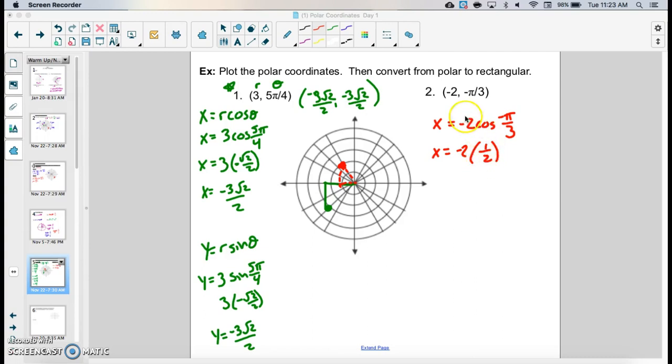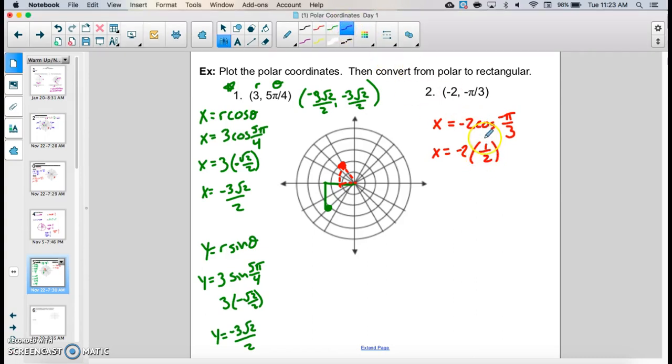The reason why is because when we evaluate this negative pi over 3, we are thinking about a unit circle normally, where is cosine negative pi over 3. So normally that is down here in this fourth quadrant. And in the fourth quadrant, all students take calculus, cosine is positive. So that's why we're going to get a positive 1/2 here. So that'll end up equaling negative 1. So our x is negative 1.